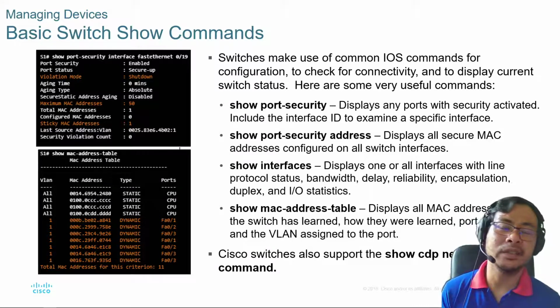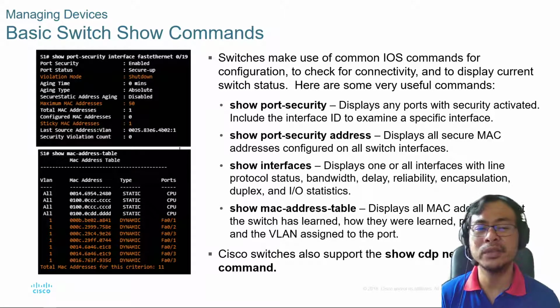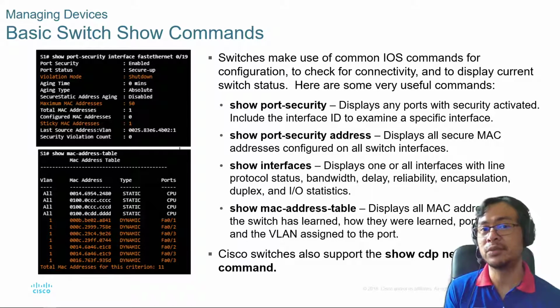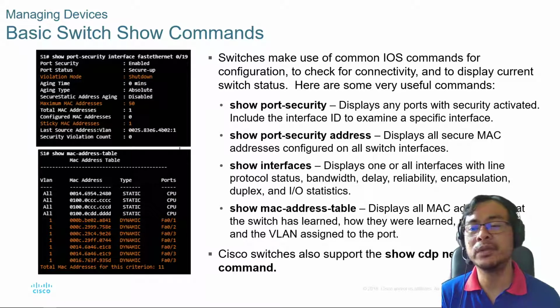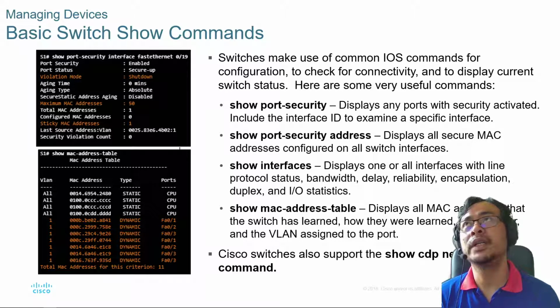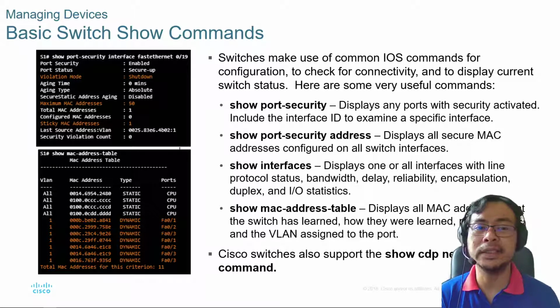It's in the interface configuration, so I know where to find them. Kaya madali lang. Okay, that's the good thing about Cisco iOS. It's really very easy to do the configuration, especially if you know them, if you know where they reside, and especially if you know that they exist, so you can easily find them.